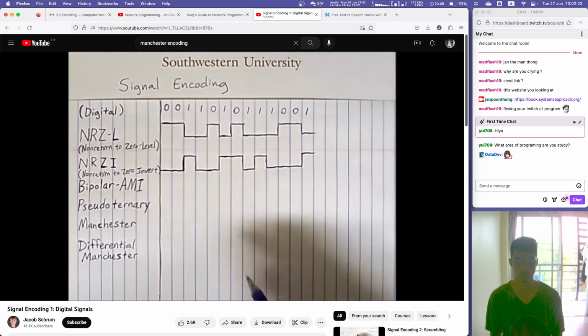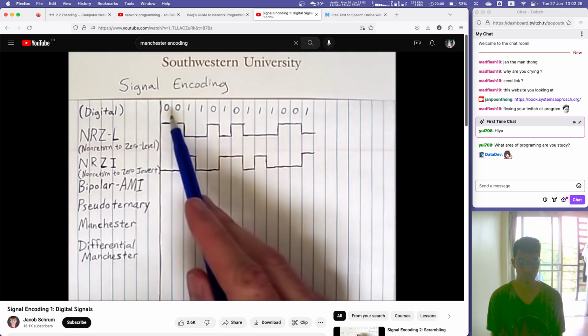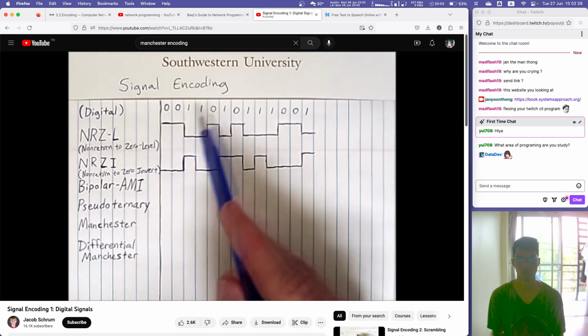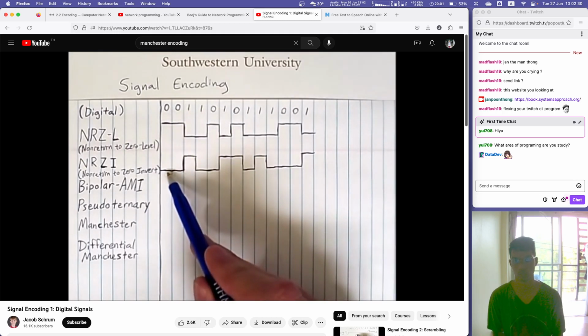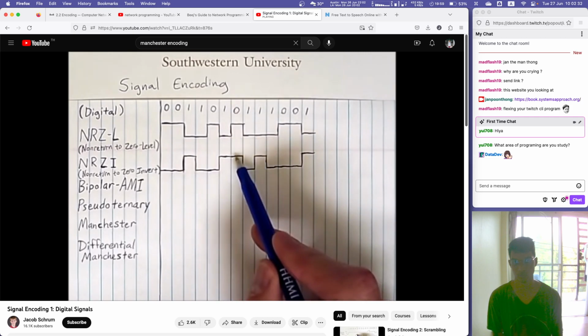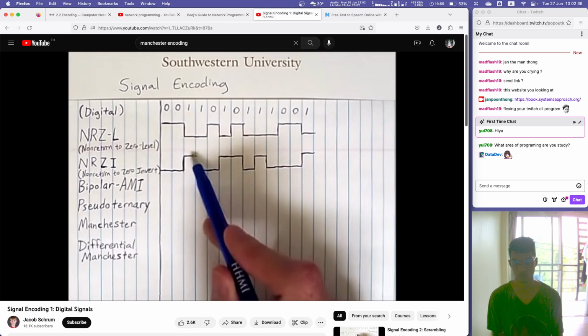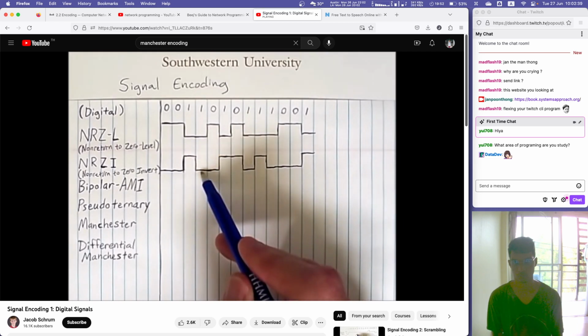And let me just emphasize again that we have 0s being encoded both with low voltage levels and here with high voltage levels. Similarly, this 1 has a high level and this one has a low level.